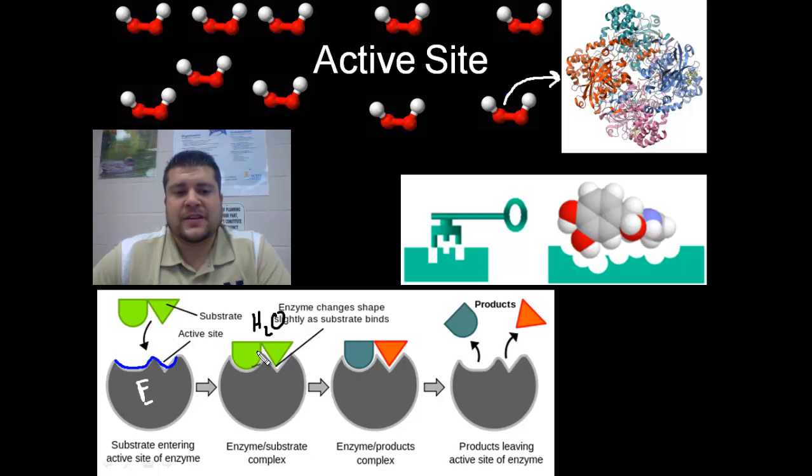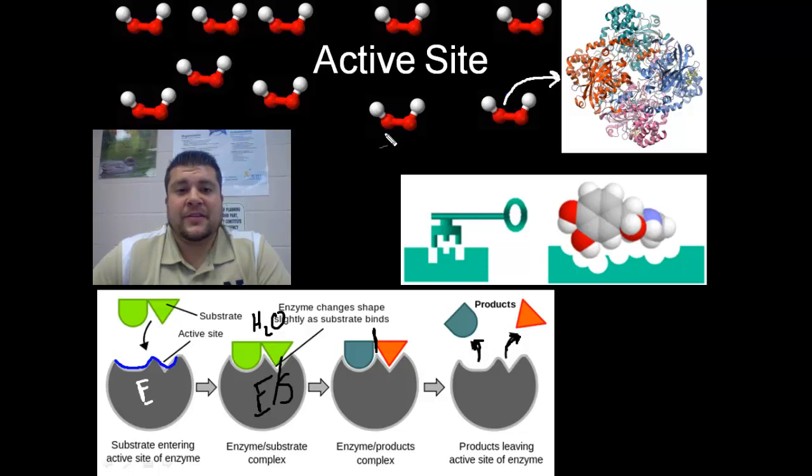So the substrate comes into the active site. We form an enzyme substrate complex. And then that breaks the bond between the molecules. And then the products will leave out of the active site separately as two separate molecules.